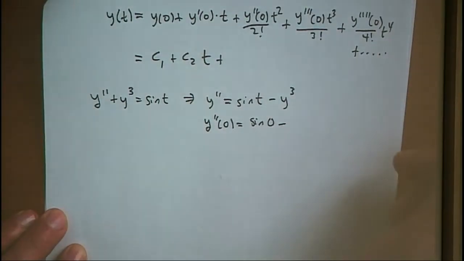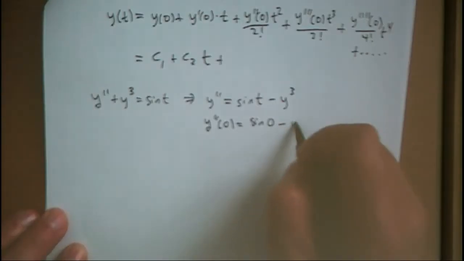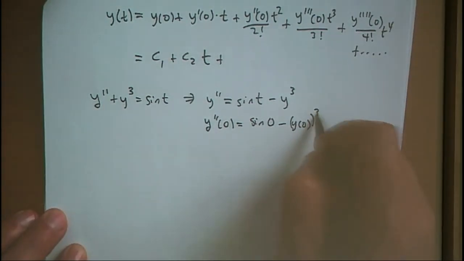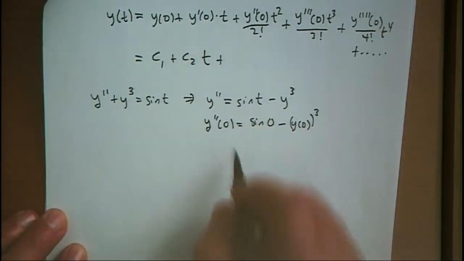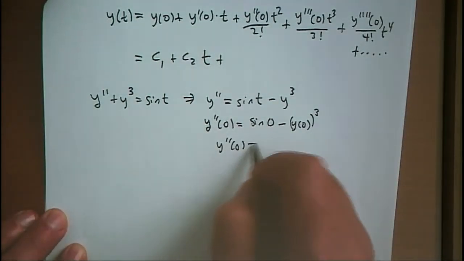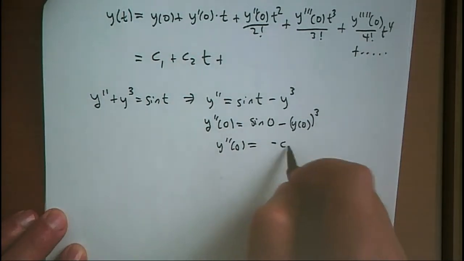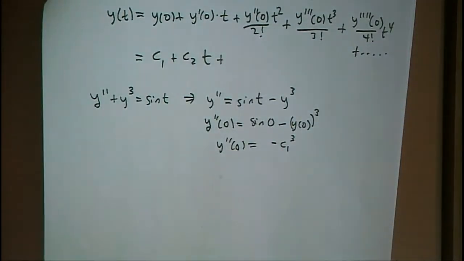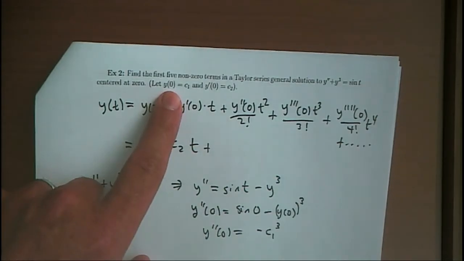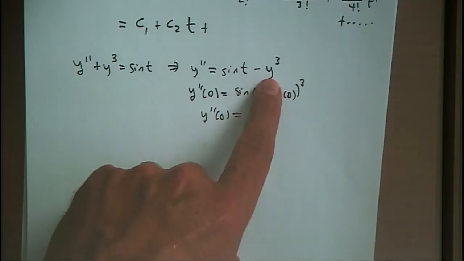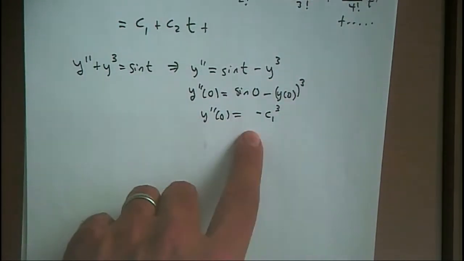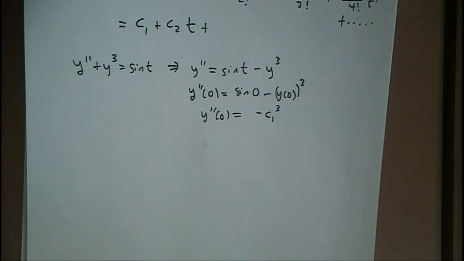Minus y cubed. Well, that's y of 0 cubed, so you don't plug t in there, you plug y of 0. But y of 0 is c1. So that's 0, and this is minus c1 cubed, because our initial condition was y of 0 equals c1. So y double prime of 0 is minus c1 cubed.